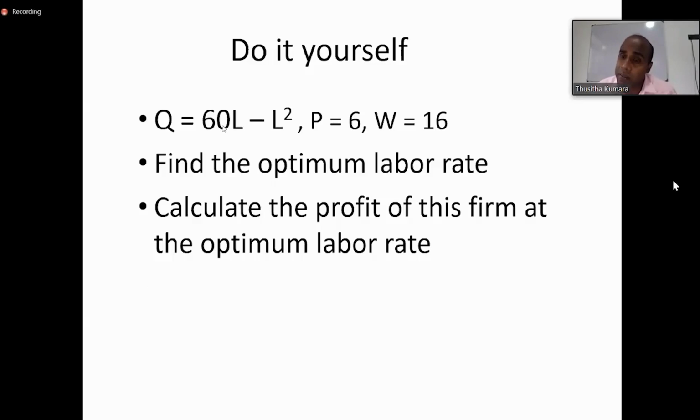How do we get it? We learned that it is dQ by dL, the first order derivative of the Q function with respect to L. Then we get MPL. If MPL is multiplied by price, we get MRPL, which is equal to 16. We just equate those two, then we will get the optimum labor rate.